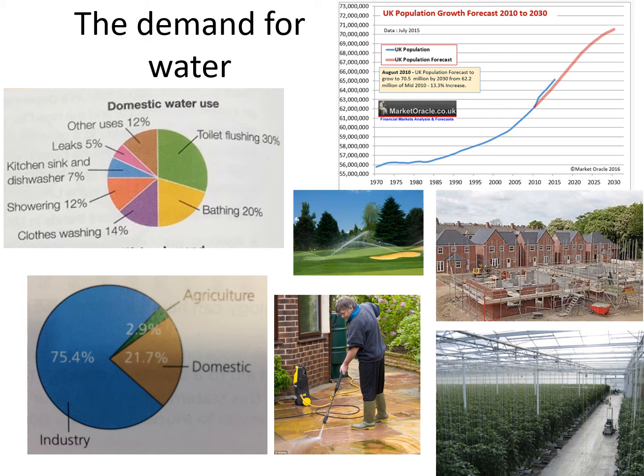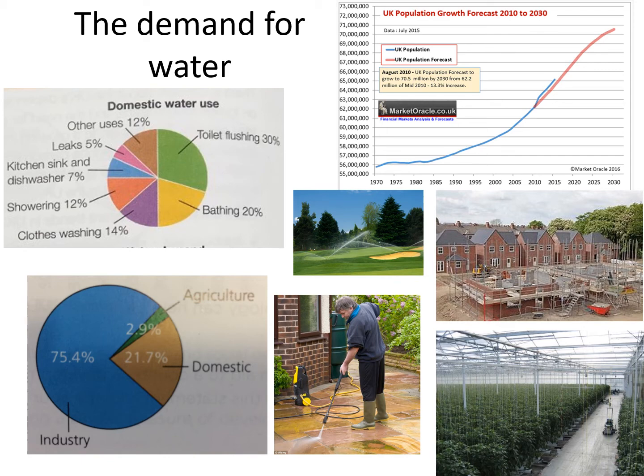But look at the blue segment, 75%, that's 3/4 of the UK's water is used making products and delivering services, the things that we talked about before. So making paper, making wine, making anything, I don't know, plates that you eat your dinner off. 75% of the water in the UK is used for that, and we just don't see that at all, do we? It's all happening out of sight.